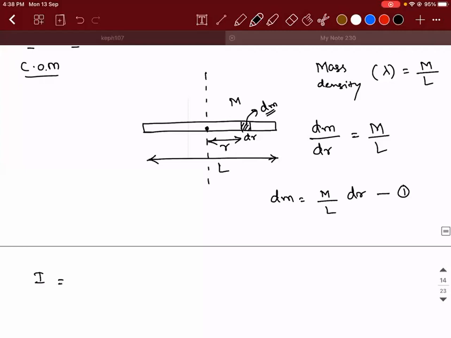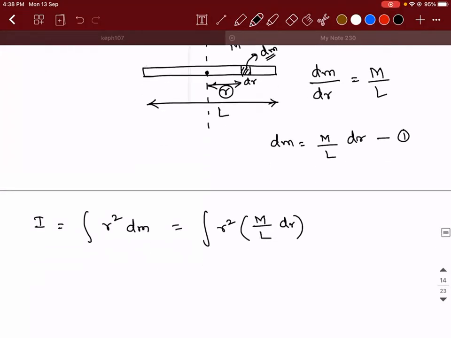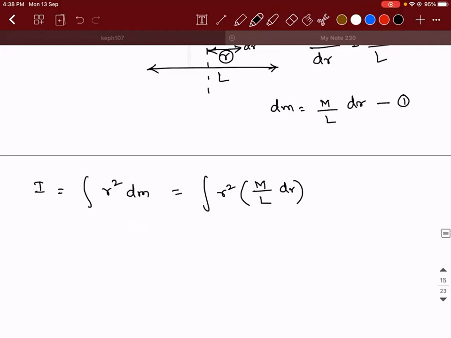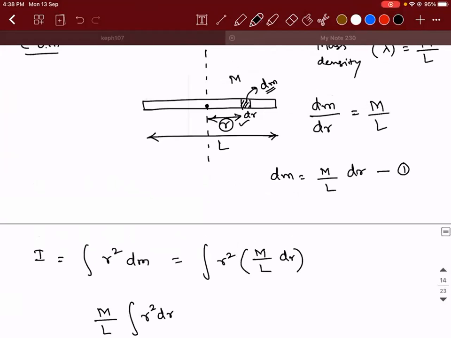So what is the moment of inertia of this rod? Integral of r square into dm. What is dm? It is M divided by L into dr. So what will come out of the integral? M by L will come out, integral of r square dr. Now tell me, where does r vary from?